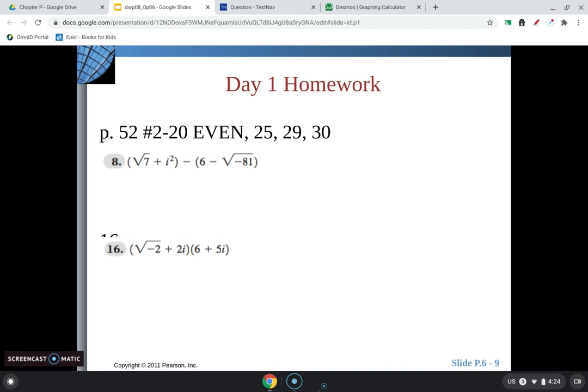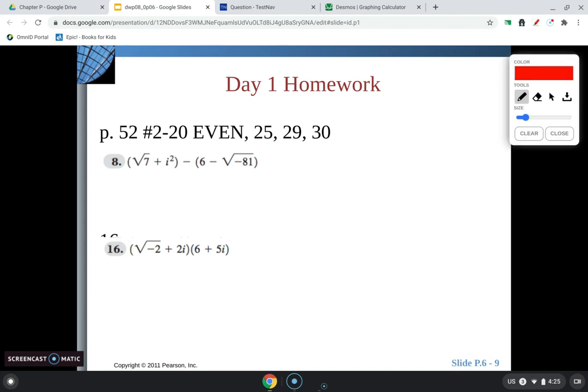when you are looking at these, let's go through a couple of examples on the assignment. Let's simplify these down. So we have, this is a subtraction. So we have root 7 plus i squared. Well, that's plus negative 1, because i squared is negative 1, then minus 6. Well, the square root of negative 81 is 9i.